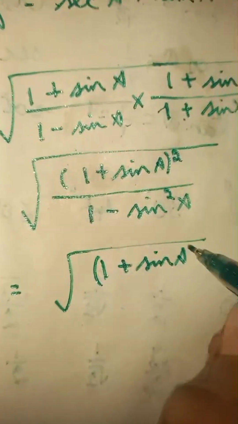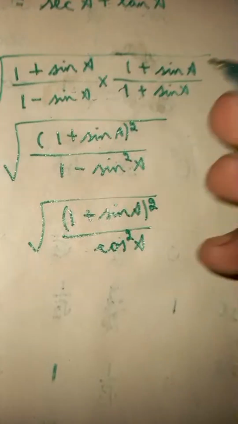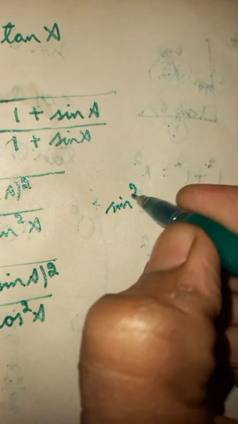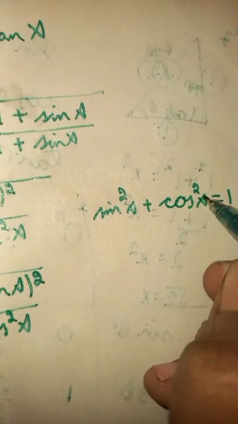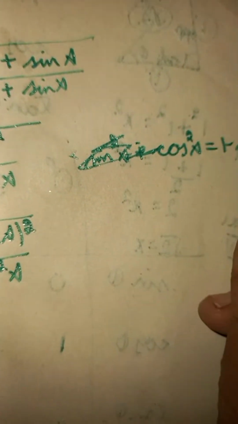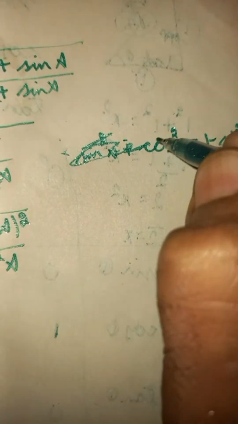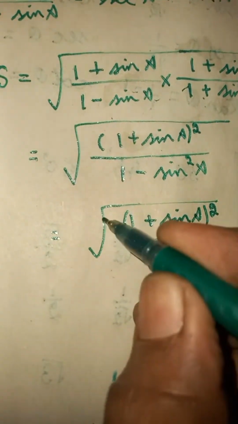Here this 1 plus sin A whole square can come out of the root, because sin square A plus cos square A is equal to 1, and if you send this sin square A to that side, it becomes 1 minus sin square A equal to cos square A. So this one becomes cos square A. This root cancels with this root.